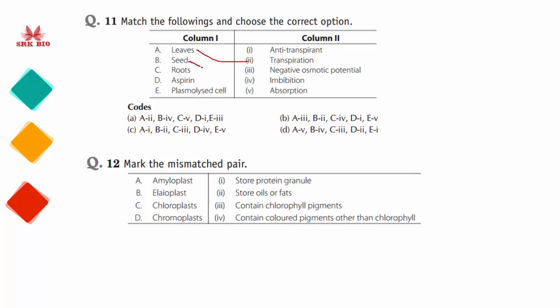Seeds undergo swelling when soaked in water. It is imbibition. Roots are involved in absorption of water and minerals. Aspirin is also an anti-transpirant, along with phenyl mercuric acetate. We must remember this.